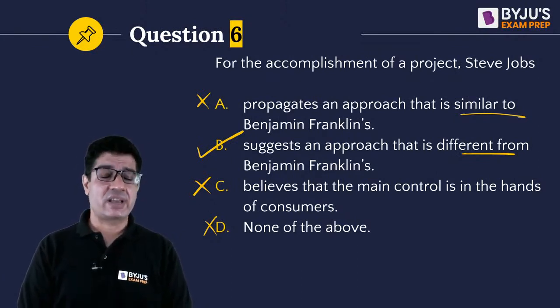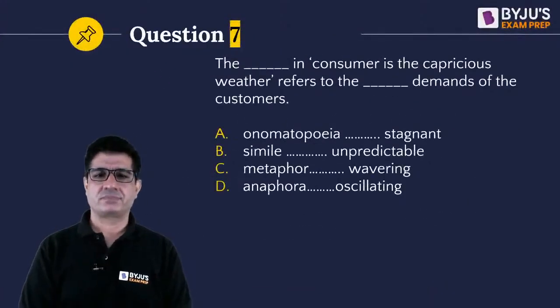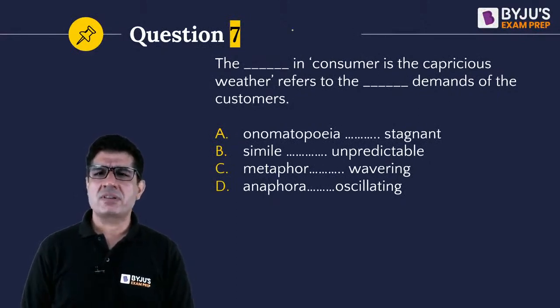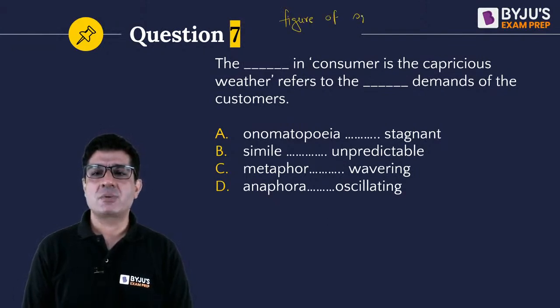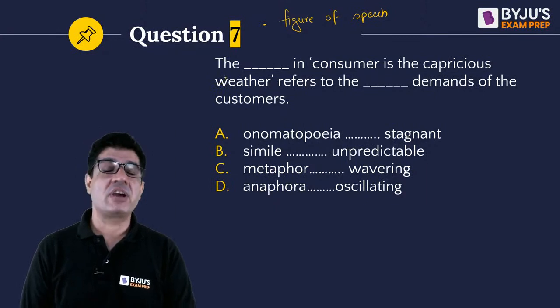Okay, next and the last question based on the passage. Here it is. So remember, we get these figure of speech based questions in RC occasionally. They're not very frequent in the CAT, but they are quite frequent in exams like XAT and IIFT.